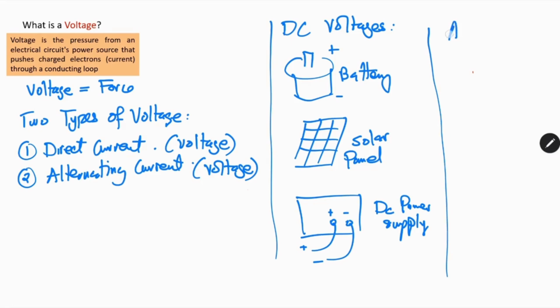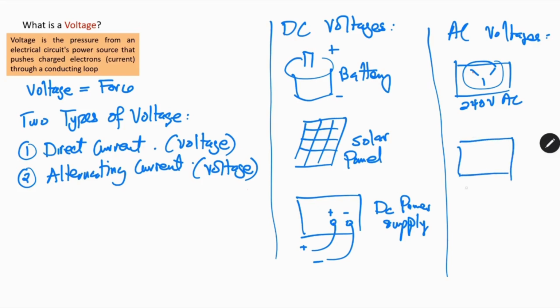So how about the AC voltages? Where can we find AC voltages? If you have a house, you know that from the GPO you can have a 240 volts output that we normally connect to our computer, our laptop and so forth. And the other one is the AC generator.